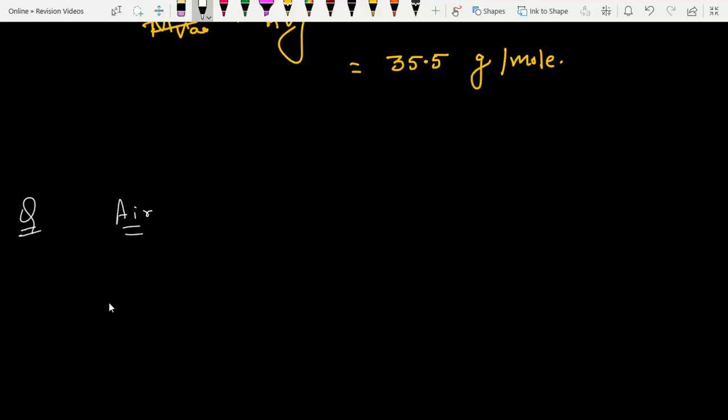Let's just assume that it has only oxygen and nitrogen in the mixture, and oxygen is given to be 20% in the mixture, and nitrogen is given as 80%. So the rest 80% is covered by nitrogen in the mixture. So calculate the average molar mass of air. What will be the average molar mass of air?